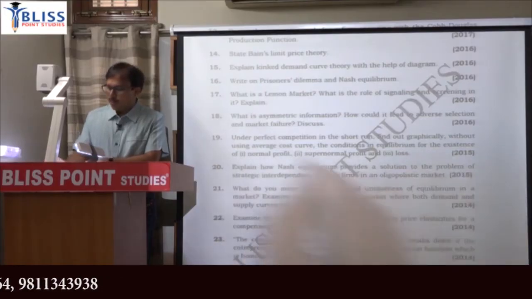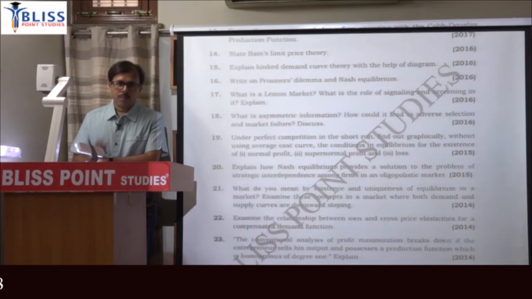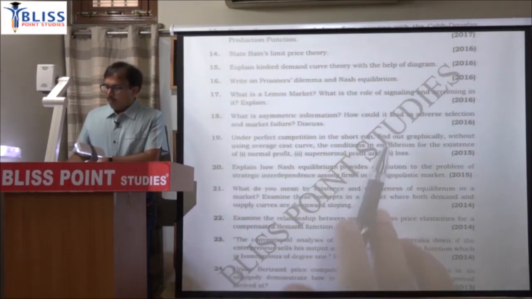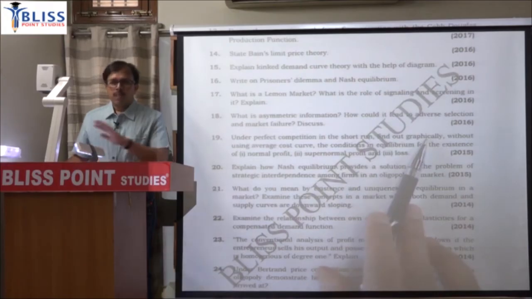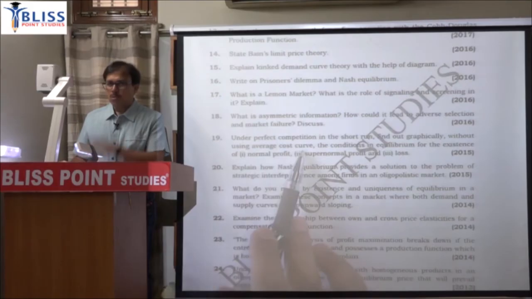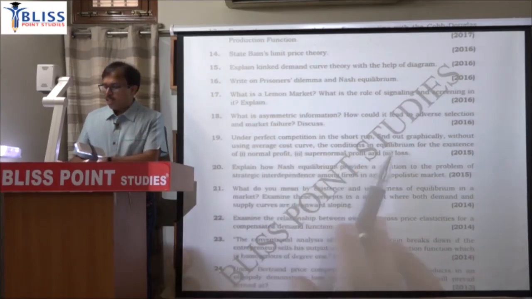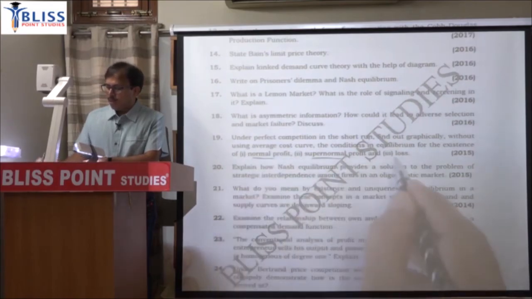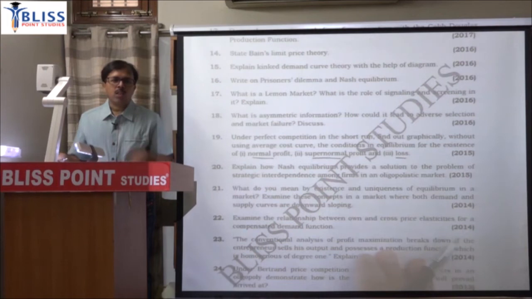So it says under perfect competition, so the market is competitive, so you have to draw that TR line straight. Find out graphically, so just use graphical description without using average cost curve. The condition in equilibrium for the existence of normal profit, supernormal profit and loss. So all three conditions you have to show without using average cost curve.